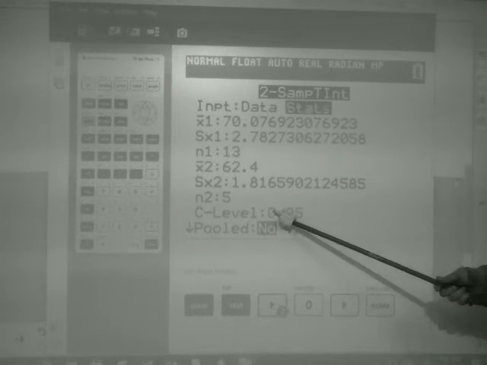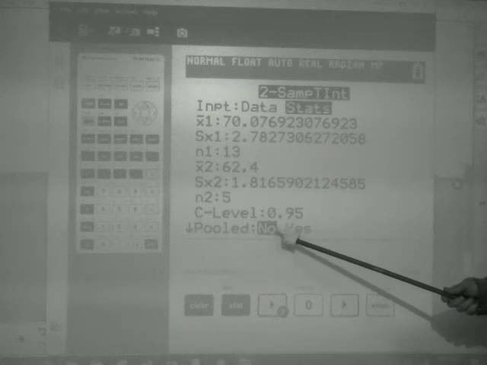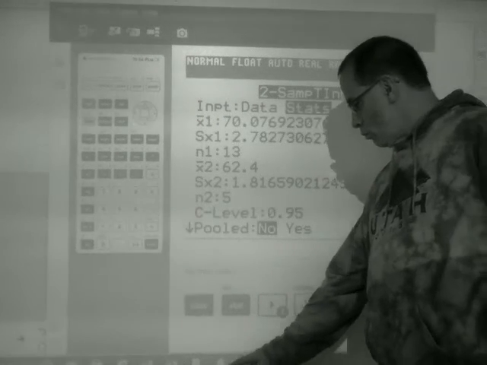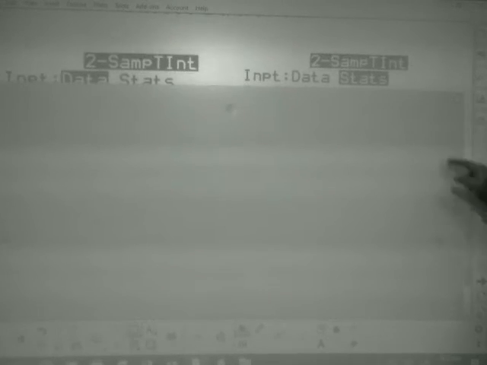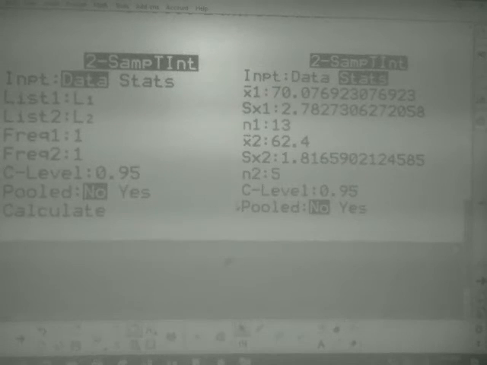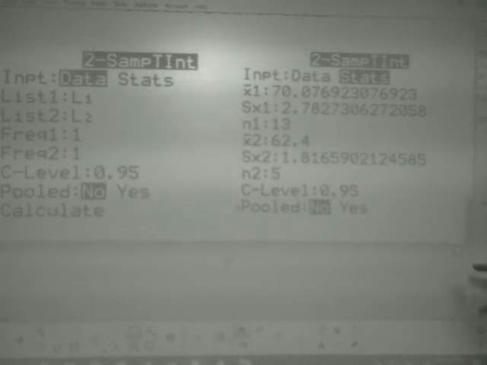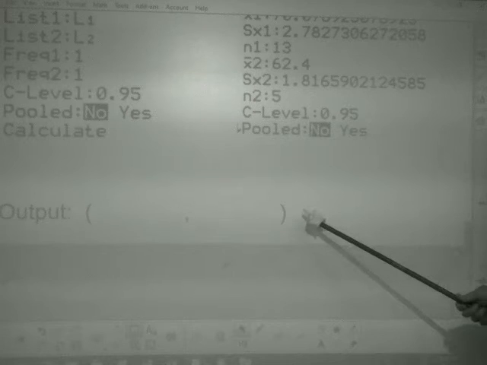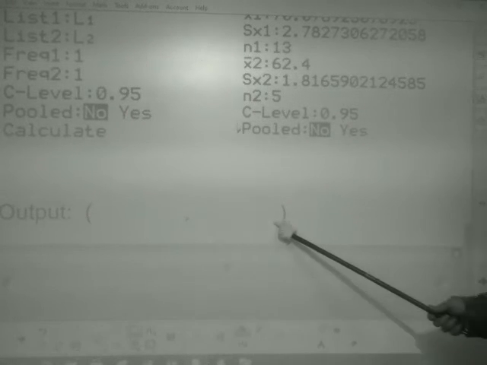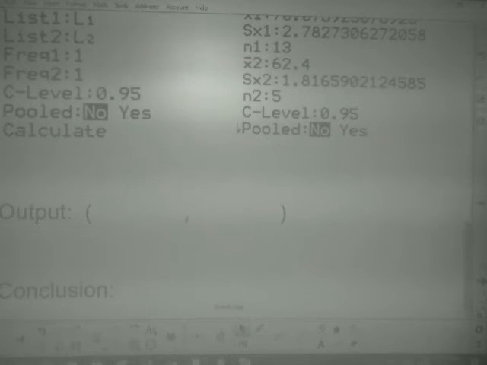And the confidence level is still as a decimal. And pooling, we're going to say no to pooling. No pooling. So again, two possible inputs, whether it's data or stats. Once you run the test, you'll get an output. And again, you'll have numbers in parentheses. And from those numbers in the parentheses, we will write a conclusion.